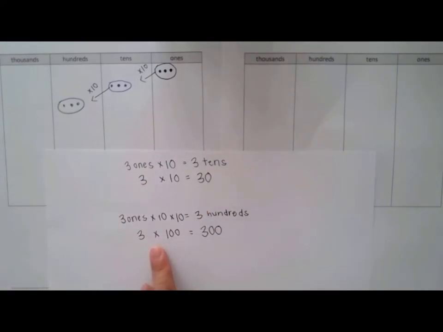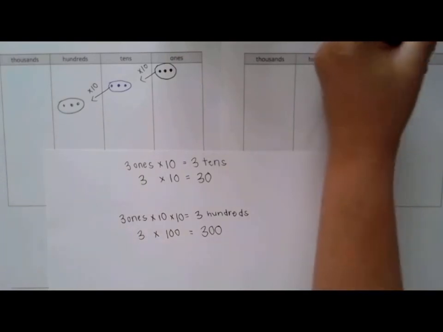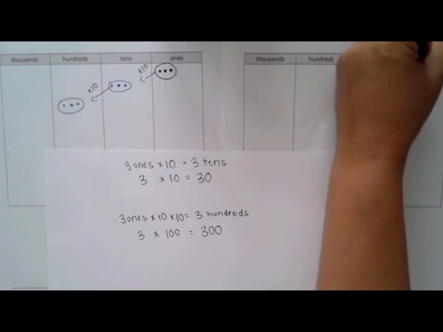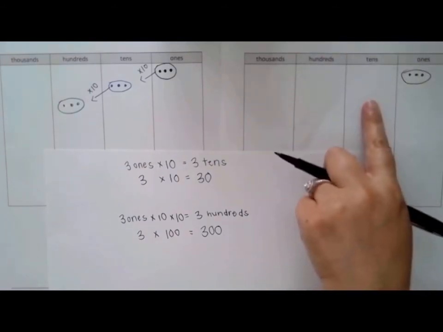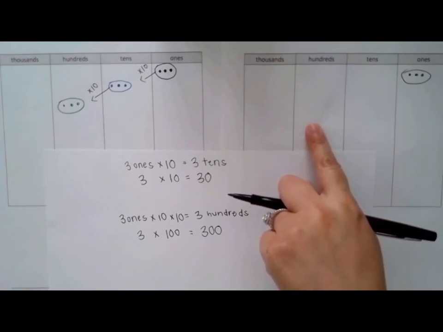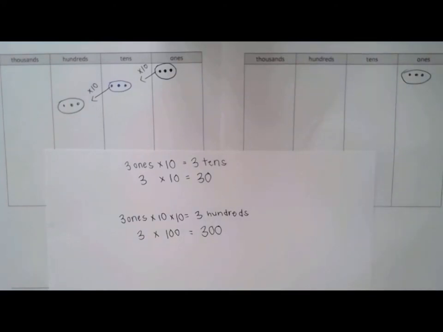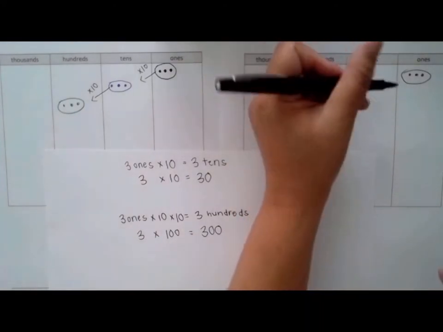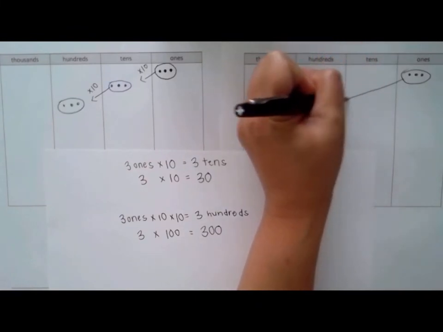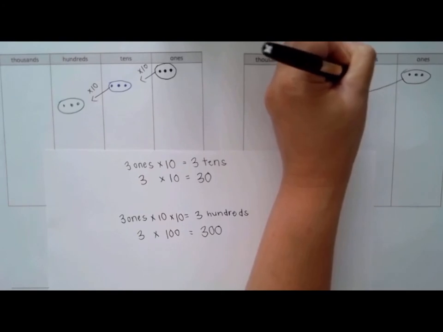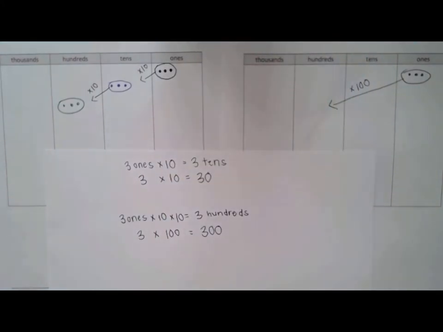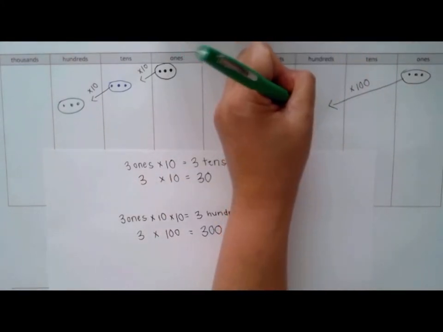We can show this on the place value chart as well. Let's say I start with 3 ones, and instead of multiplying times 10 and then times 10 again, I can just show that I'm multiplying times 100, and that would equal 3 hundreds.